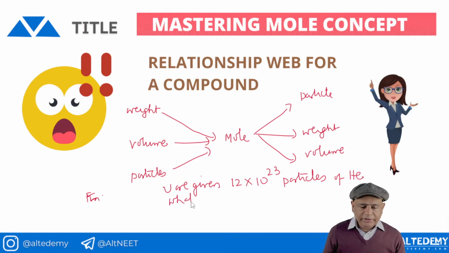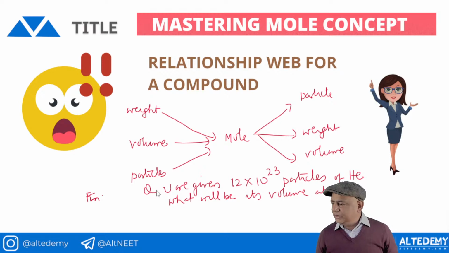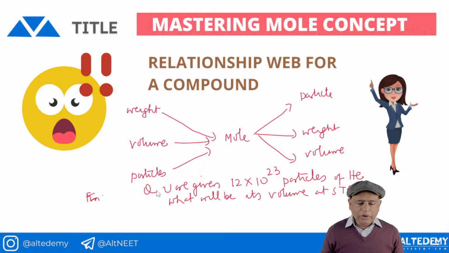What will be its volume at STP? Try another question. You are given 12 into 10 to the power 23 particles of helium. What will be its volume at STP?